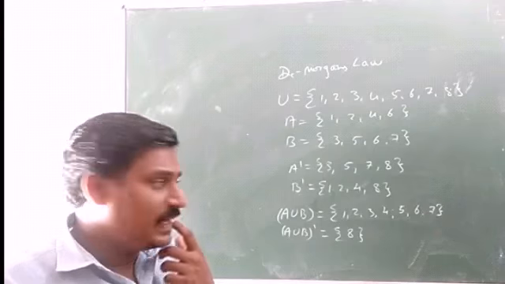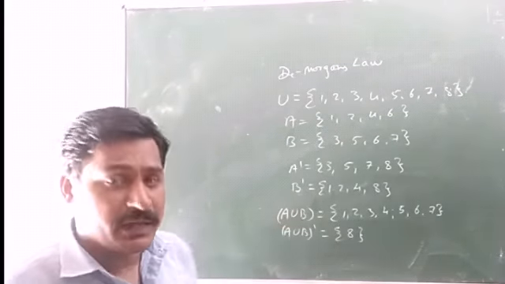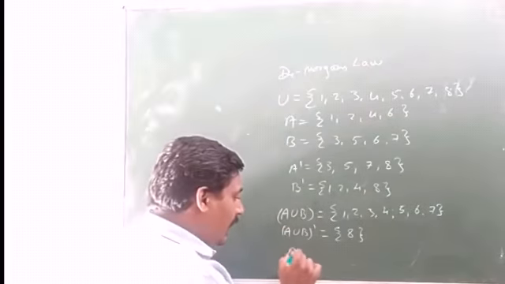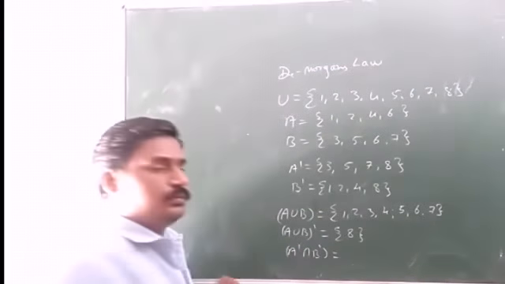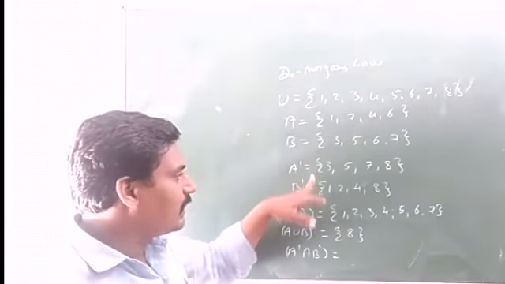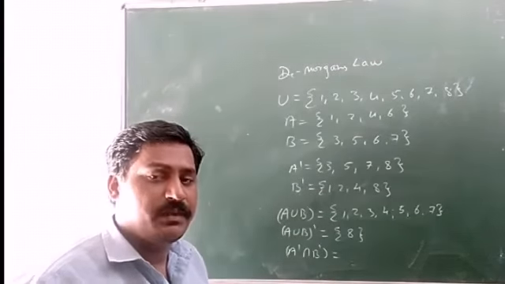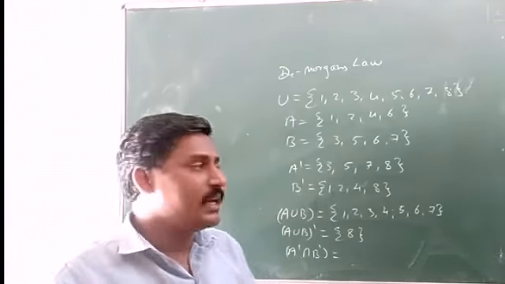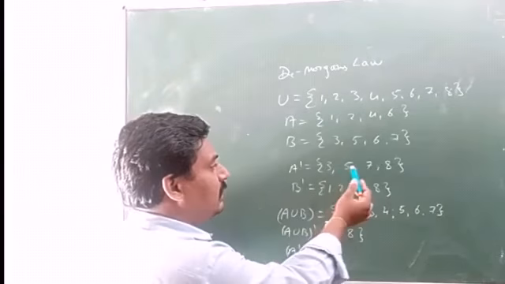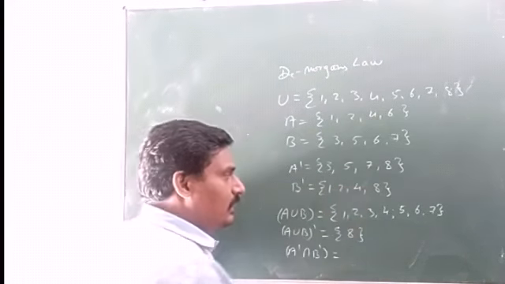Then what he said, (A union B) dash is equal to A dash intersection B dash. So A dash is there and B dash is there. Now A dash intersection B dash means the objects which are there in both A dash and B dash. In A dash, 3, 5, 7 are not there in B dash, and 1, 2, 4 are not there in A dash.